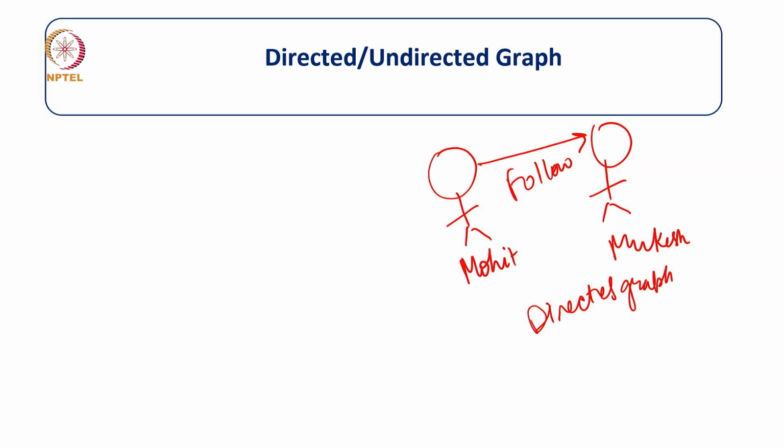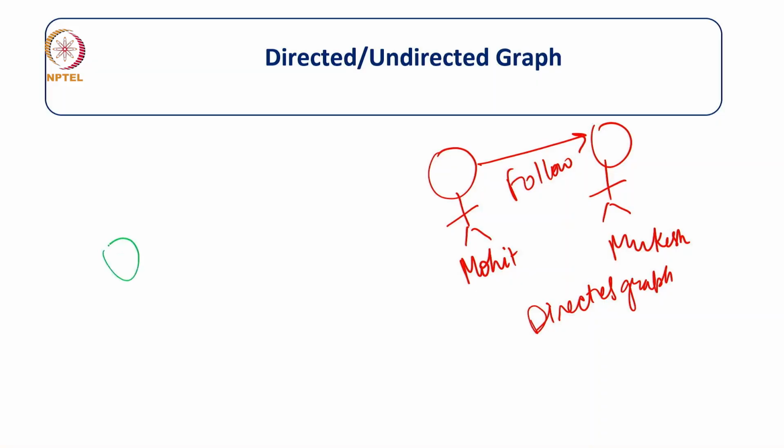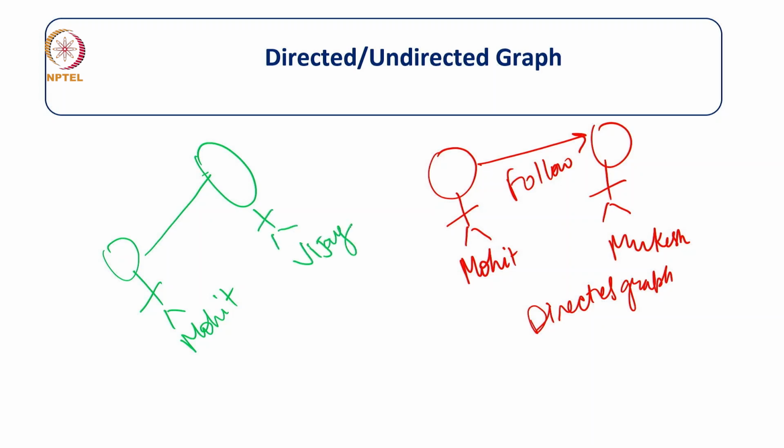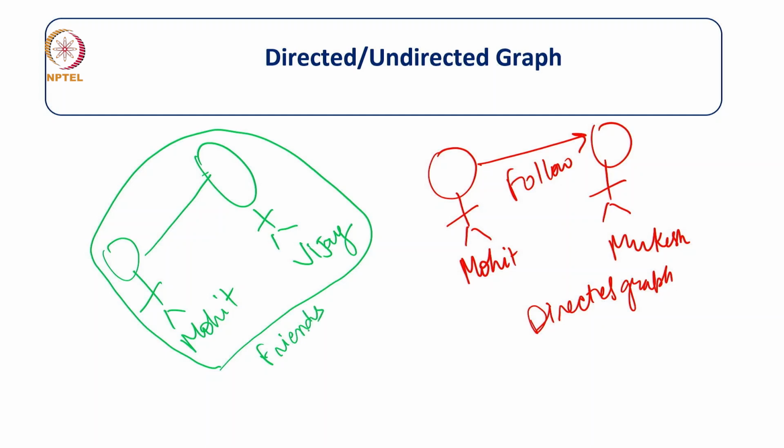Now we take the example of an undirected graph. To understand the undirected graph, just imagine the network of Facebook. Okay. So if this is Mohit and here this is Vijay, and Mohit and Vijay are friends on Facebook, it is sure that Vijay and Mohit are also friends on Facebook.